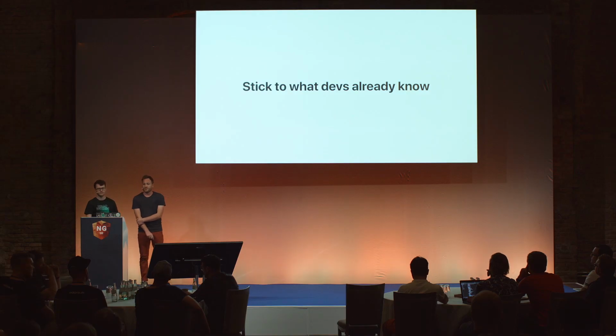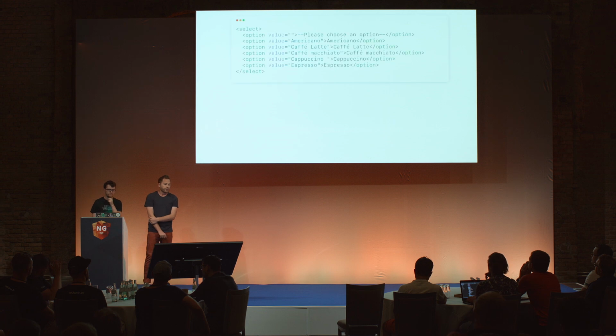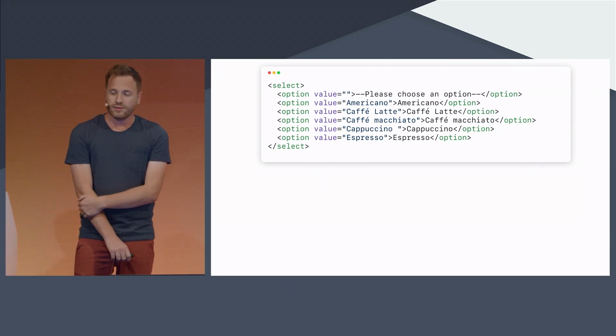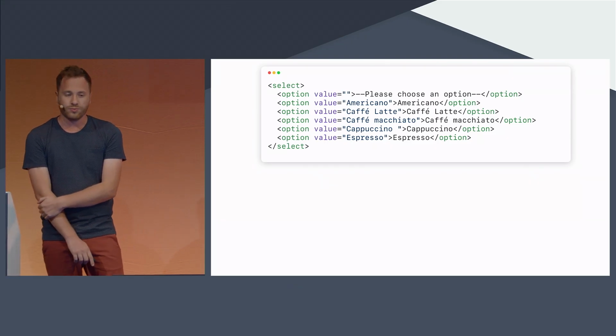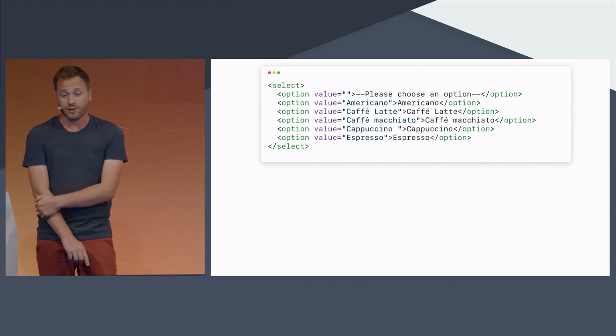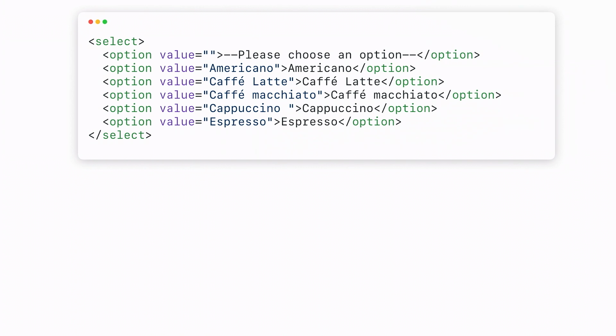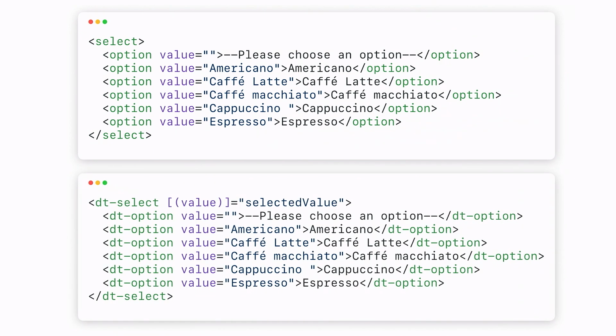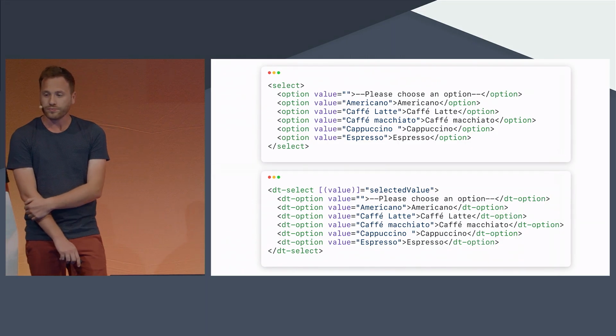The second rule we try to follow is to stick to what devs already know. Let's look at this native select. We try to make the API for our select as close as possible to native HTML elements, because devs already know how a native select works, so they also know how our select works.